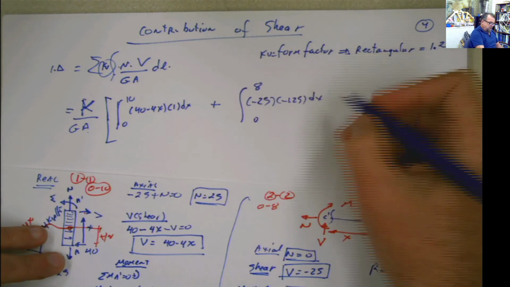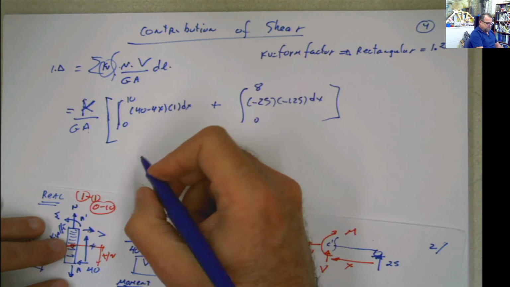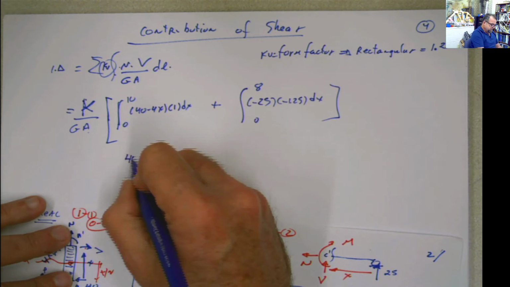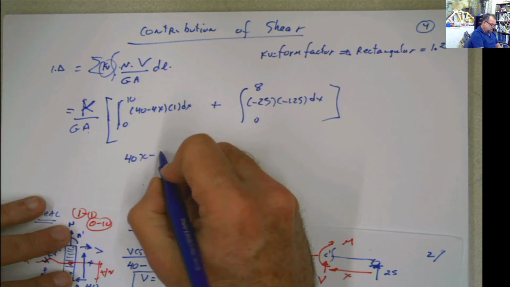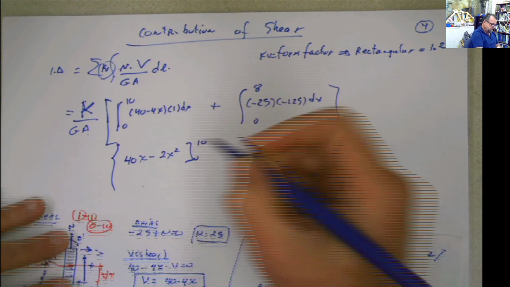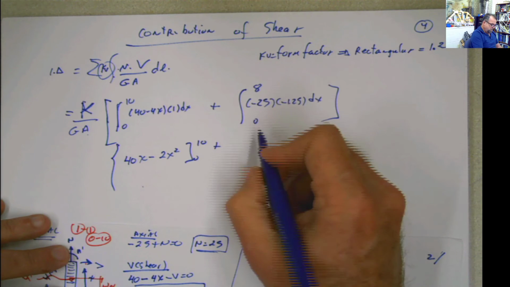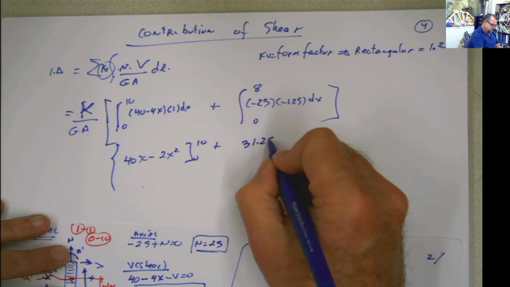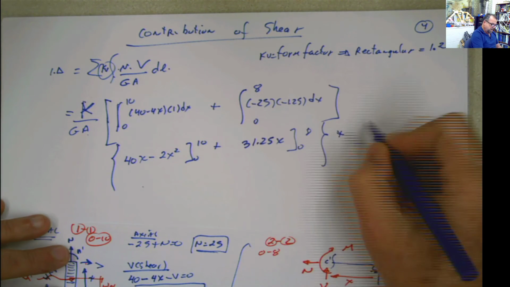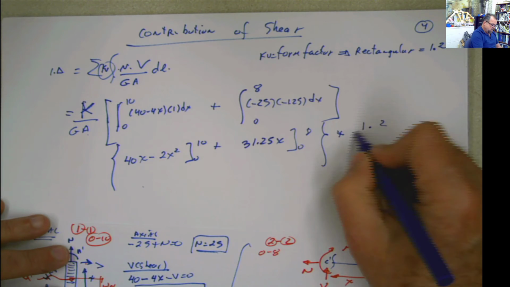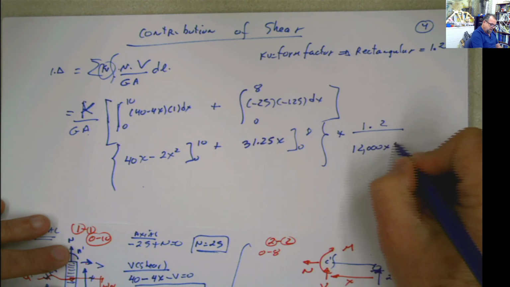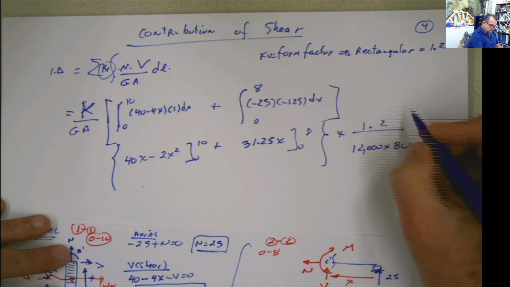Evaluate that, and this is going to be 40x minus 2x squared from 0 to 10, plus 31.25x from 0 to 8, everything multiplied by k divided by G and area.